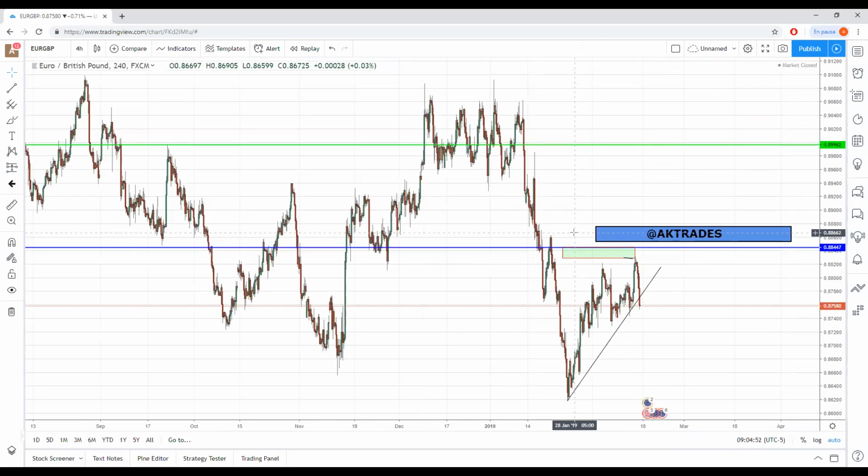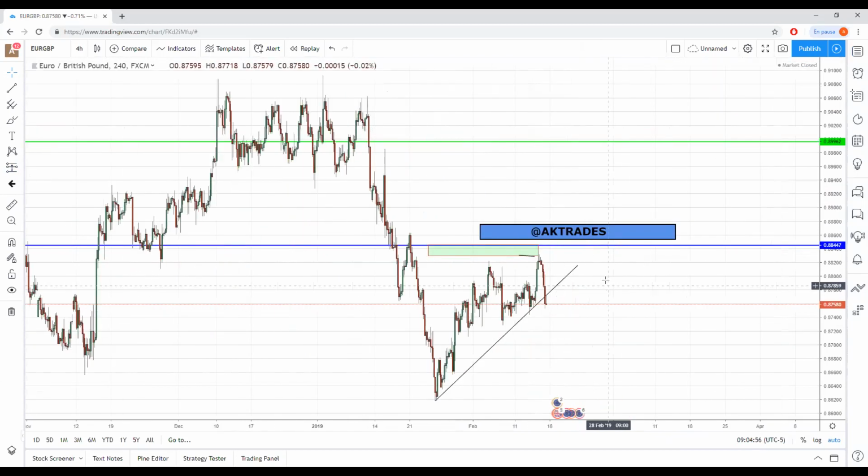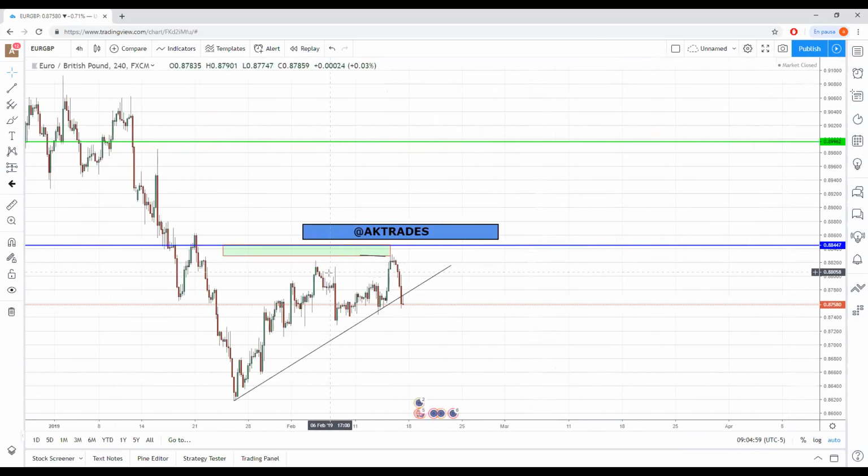Moving on to the euro pound, we talked about this pair last week. Last week, when prices were around here, we talked about wanting to see a pullback to this green area around 0.8827, which it did very nicely at the end of the week, and the price rejected it very strongly.